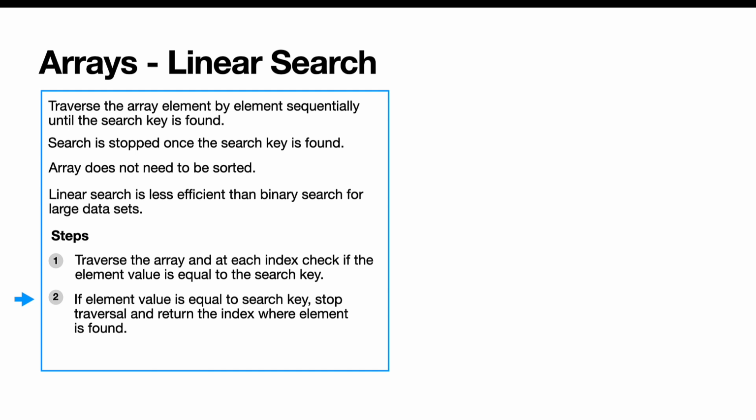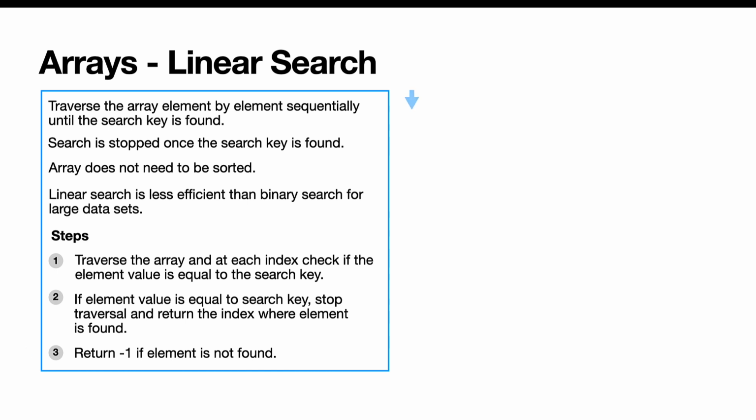This is assuming that we are not required to find duplicates. If we are required to find duplicate elements, then we continue to traverse until the end of the array. If we traverse the complete array and the search key is not found in the array, then we return -1.